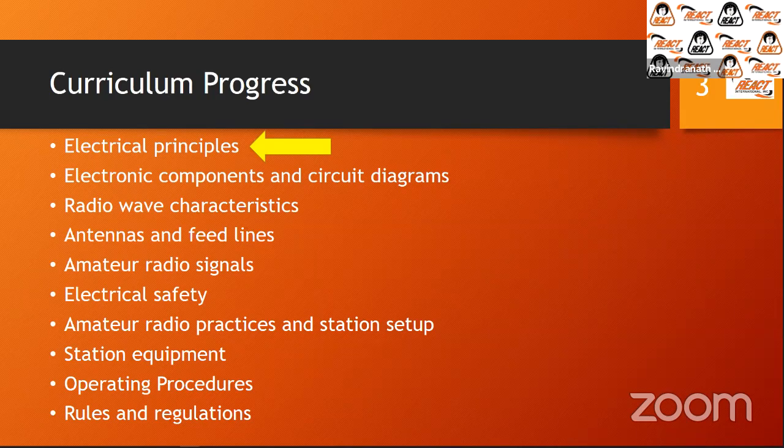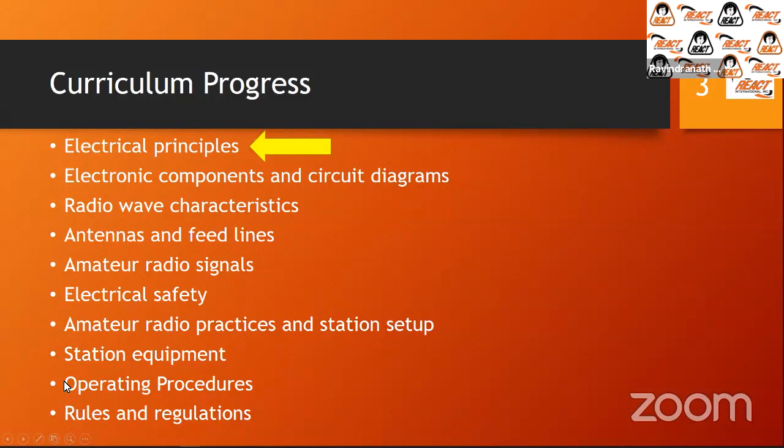But we have all the way to go to finish this course by looking at electronic components and circuit diagrams, followed by radio wave characteristics, antennas and feed lines, amateur radio signals, electrical safety, amateur radio practices and station setup, station equipment, operating procedures, and rules and regulations.